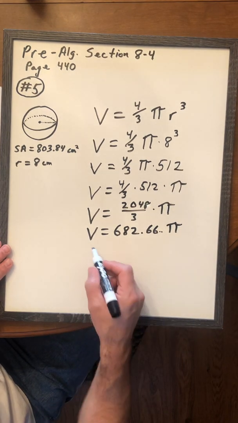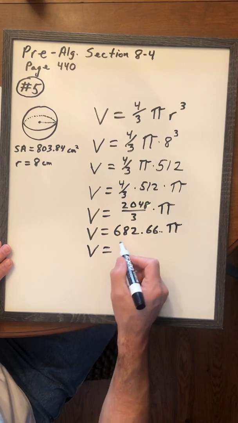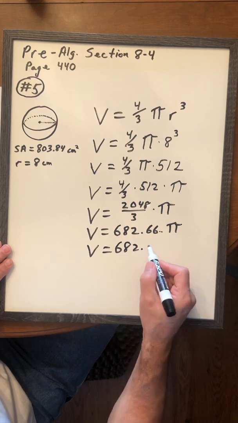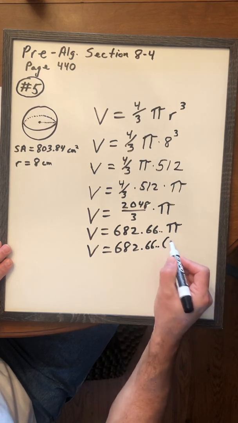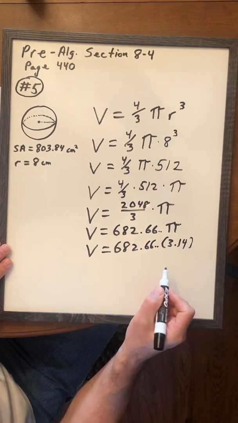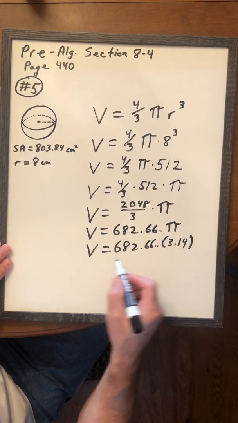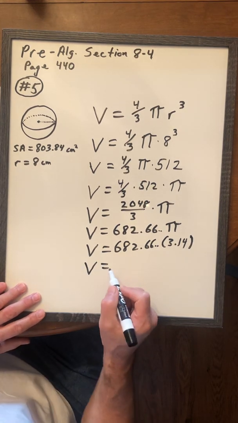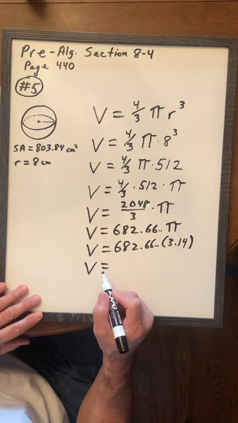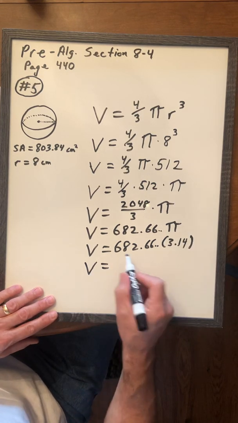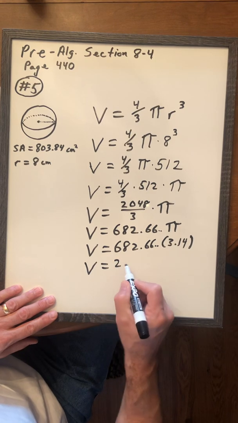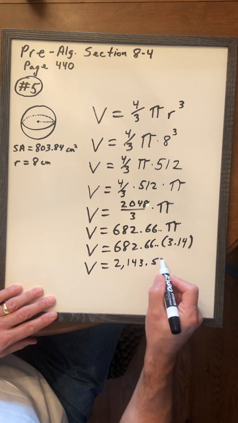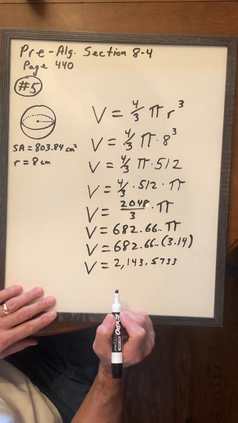And now I'm going to plug in my 3.14 for pi, and I'm going to multiply those two together to get my answer. And in the problem it wanted us to round to the nearest whole number, so here we'll go ahead and multiply those together. That's going to be 2,143 point, and it ends up like 5733 and keeps going on.